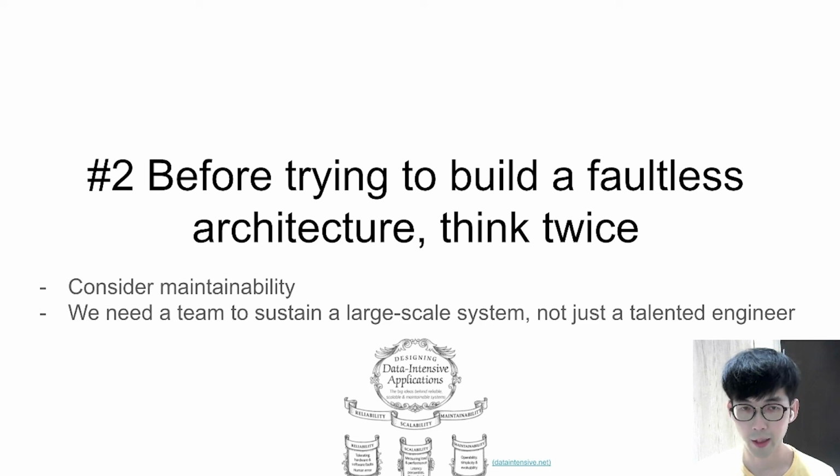Why do I mention this here? Because I know you guys are those who are willing to challenge yourselves. That's a good thing. But I recommend you think twice before you introduce some advanced techniques in your stack. Consider whether your team has the ability to maintain it or not.